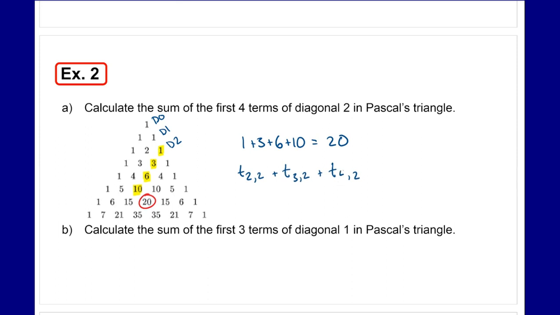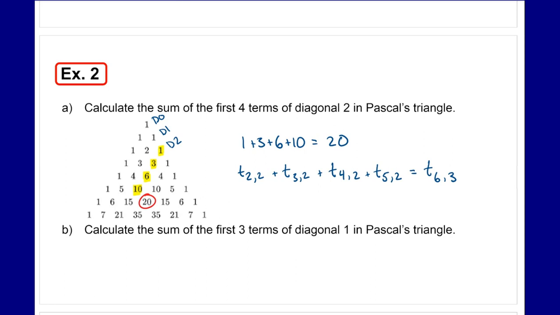But again, it just shows a little bit of the complexity in the notation. It is simple, it's just easy to get mixed up. We just want to make sure that we're clear. So all of that works out to what? Well, when we add them all up, that gives us the term at row 6, position 3.